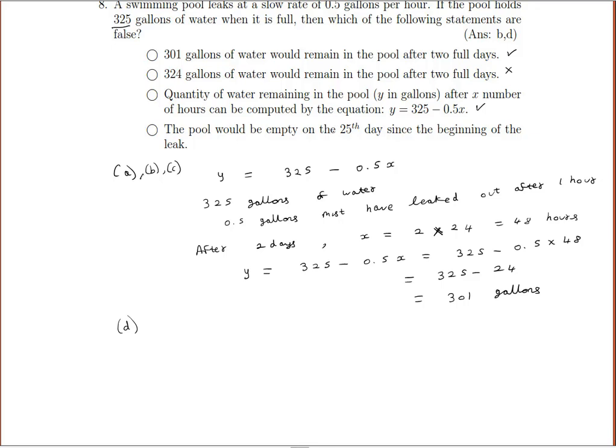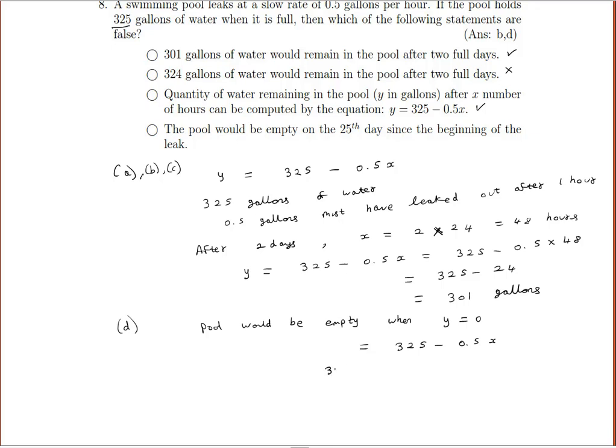To verify whether this statement is true or false, we have to correctly identify on which day the pool would get empty. The pool would be empty when y becomes 0. We represented y as the quantity of water remaining in the pool after x number of hours. So when y equals 0, we calculate x, that is, how many hours it will take for the pool to get empty.